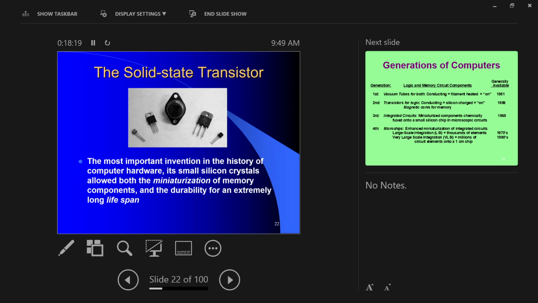The silicon just was there, and it either did run current through it or did not run current through it. So the most important invention in the history of computer software is the small silicon crystals, allowing the miniaturization of memory components and durability for very long lifespans. So with the solid-state transistors, which is a lot like what we use nowadays, small and long-lasting, two good things.